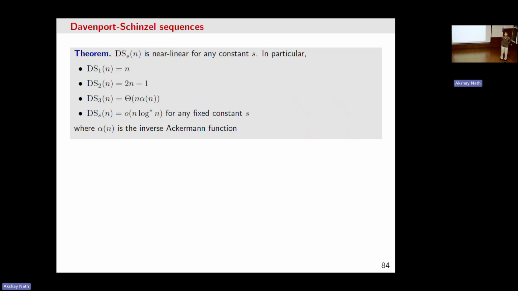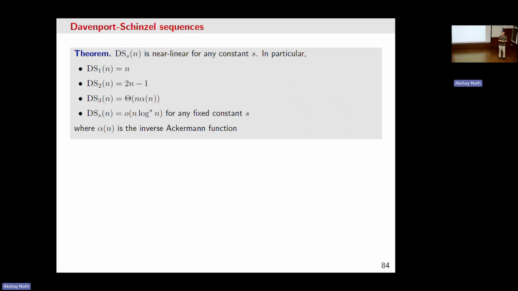Log star is the number of times you have to take the log to get to 1. And yeah, there are more precise bounds known for s even is this, for s odd is that, and it's all very small.